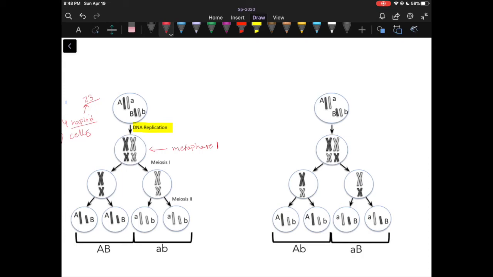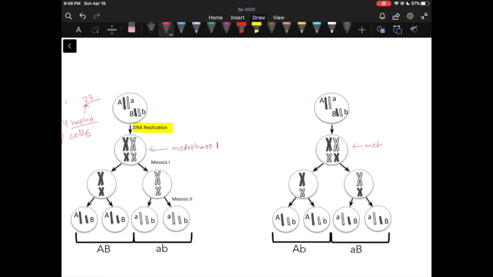Metaphase 1 specifically. But if you remember, before metaphase 1, in prophase 1, these homologous chromosomes, or the non-sister chromatids of those chromosomes, can cross over. But this diagram isn't showing that. Just so you know, there's a possibility that these could cross over before that.